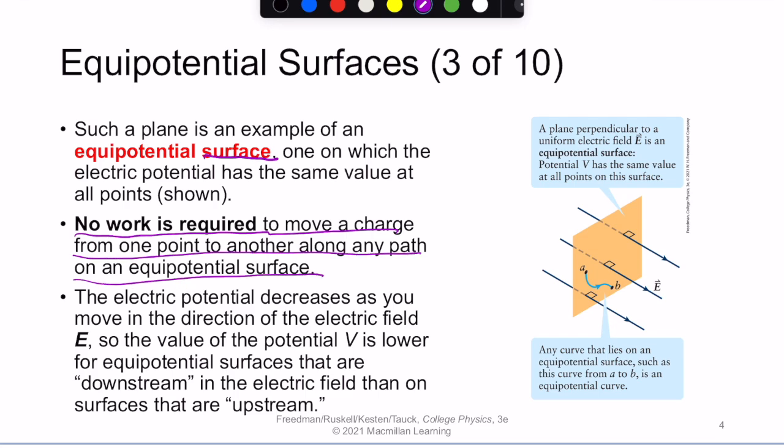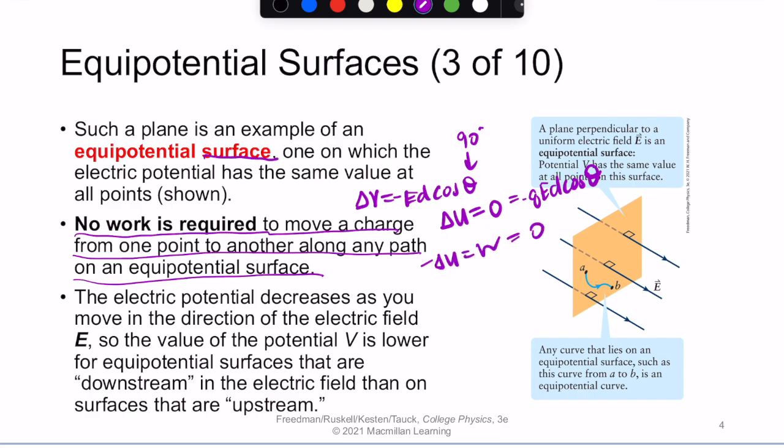We can see that mathematically: if delta V is E D cosine theta, and E and D are 90 degrees from each other, then delta V is 0. That means delta U is also 0, because delta U is Q E D cosine theta with a negative sign. And if delta U is 0, we know negative delta U is equal to the work, so the work is also 0.